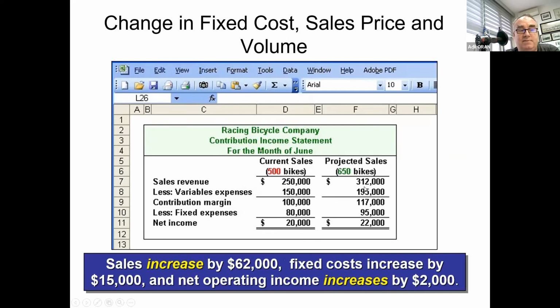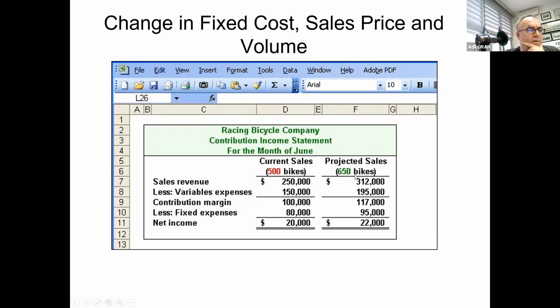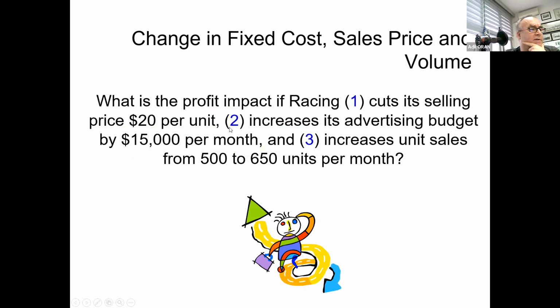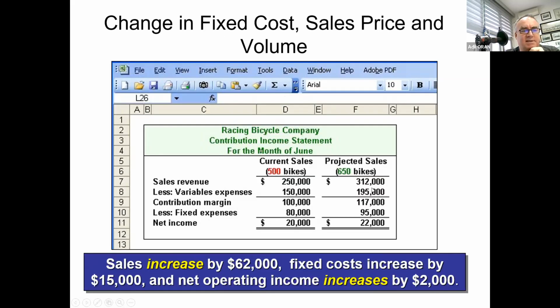Now, new conditions. You're selling bicycles for $480, but you're selling 650 bikes. So the variable expense is 650 times, so let me look back. So yes, the cost isn't changing. So it's still 650 bikes times $300 for the variable cost, which means a contribution margin of 117,000.